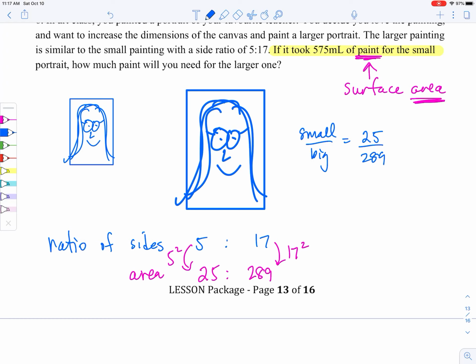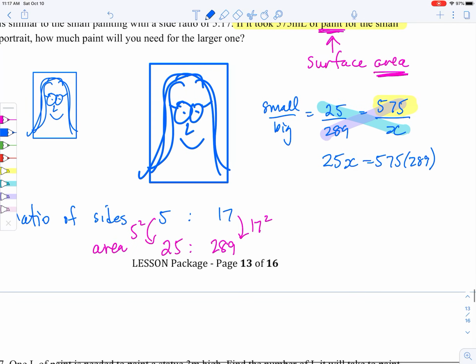And they told us the paint for the small was going to be 575, and they want us to find out how much paint for the big one. So I'm going to let x be how much paint we need for the larger one. I'm going to cross multiply these. So 25x equals 575 times 289. So here I get 25x equals 166175.